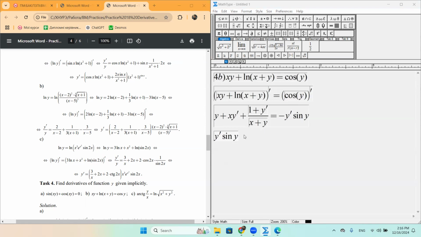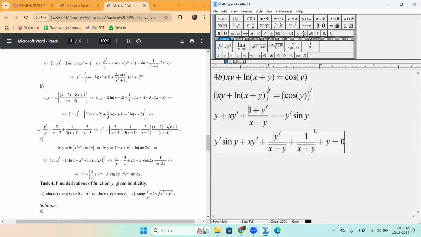Okay, continuing. So moved this expression to the left part, plus xy prime. Let's expand this expression as well, just to extract one y prime, and plus y, and it equals 0.